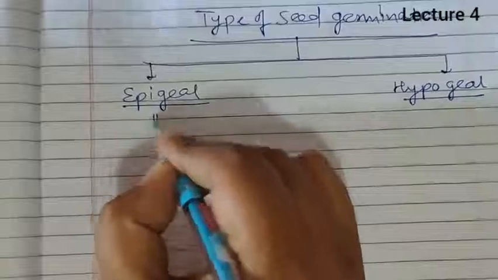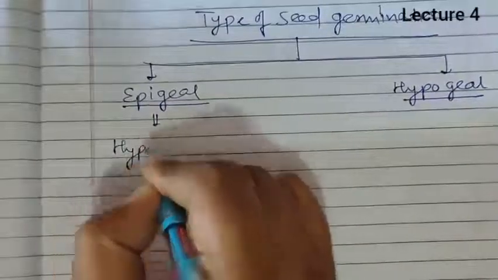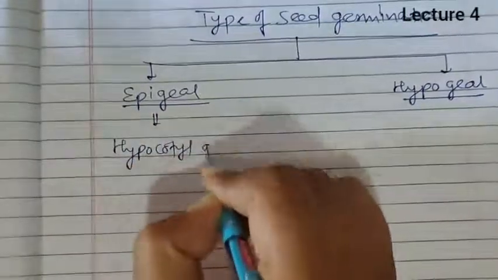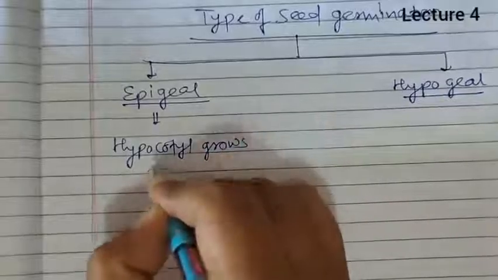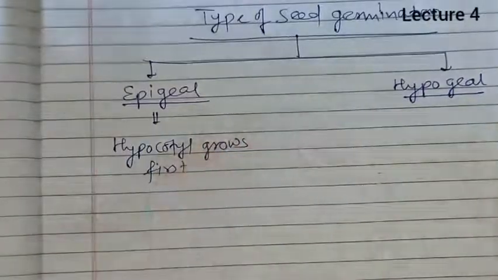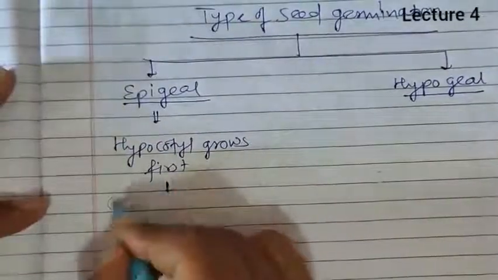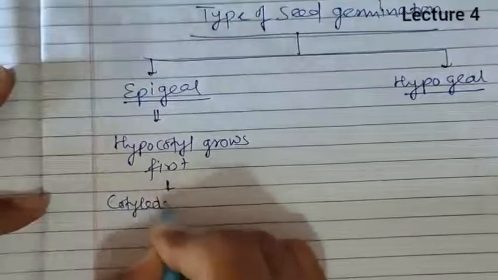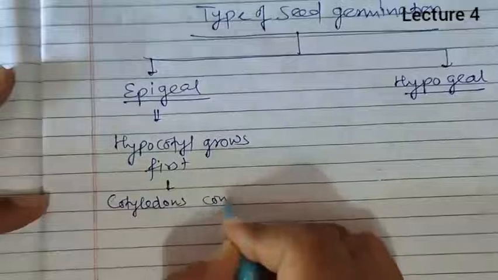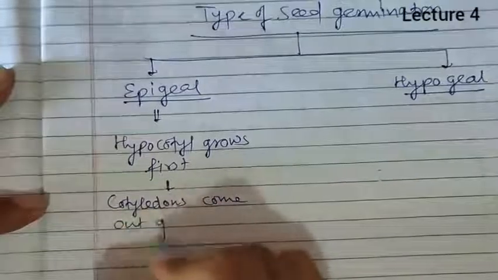Now in epigeal, hypocotyl grows first, so cotyledons come out of soil.